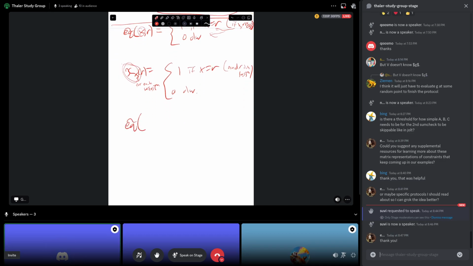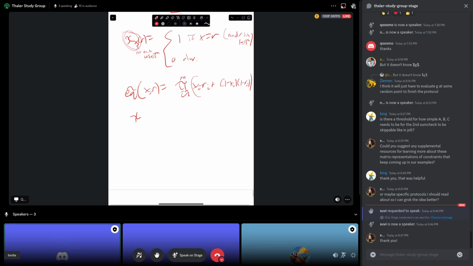EQ twiddle of x comma r is the product from i equal 1 to m of x_i r_i plus (1 minus x_i)(1 minus r_i), same as chi x of r, same thing. But of course, if I tell you x, there's yet another way to write this.